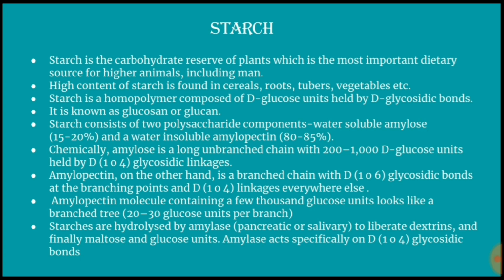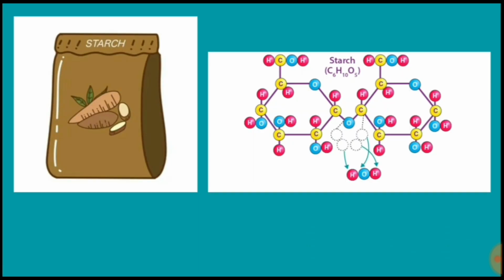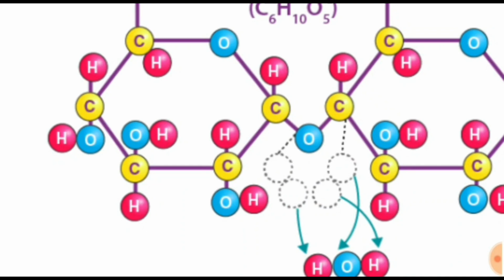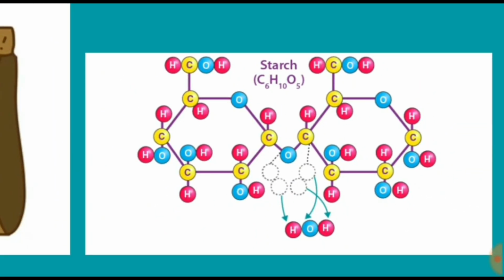Amylase acts upon 1 to 4 glycosidic bonds. You can see how the linkage is. There is a carbon atom and another carbon atom of two different monosaccharide units which are linked together to form a chain of starch.